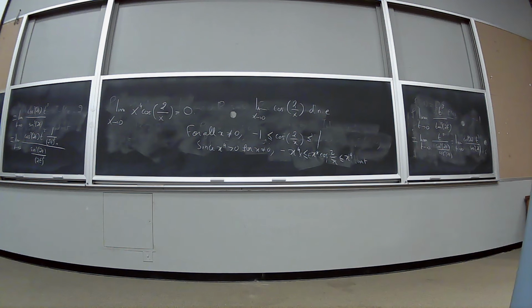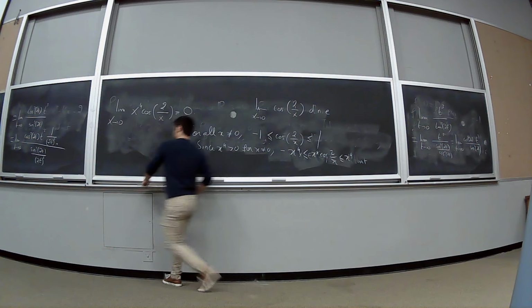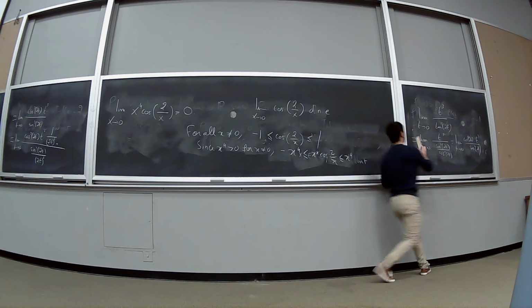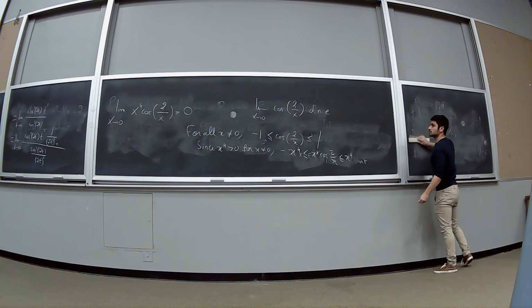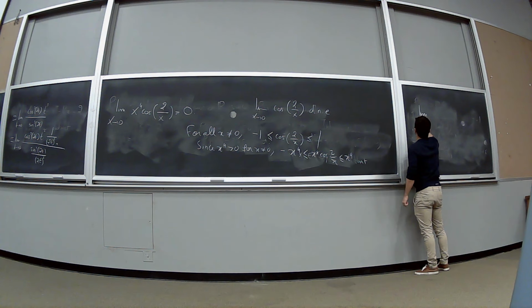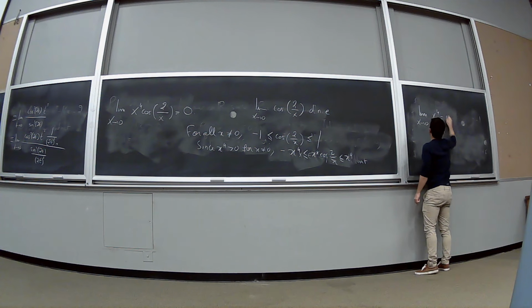Let's finish this one here. Great. Who can help now? Yeah? And x to the 4, yeah, very good. The limit as x goes to 0 of x to the 4 is equal to 0.